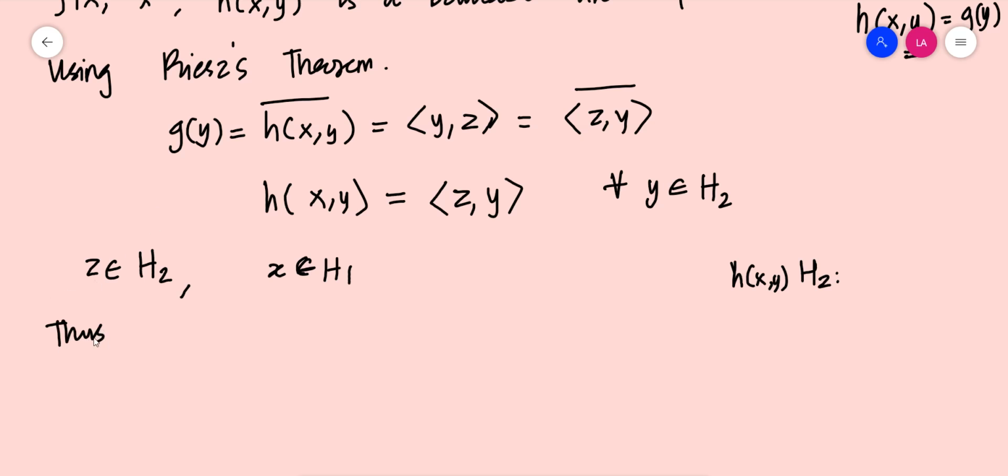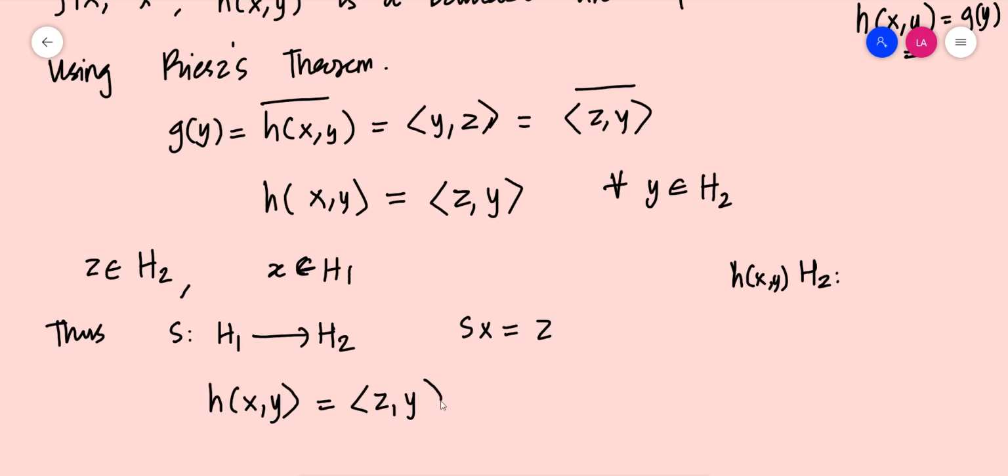So thus S, which is defined from H1 onto H2, is an operator defined as Sx equal to z. So if you substitute that, h of x,y was defined as inner product z, y, z is Sx, so this is inner product Sx, y, where S is an operator from H1 onto H2.